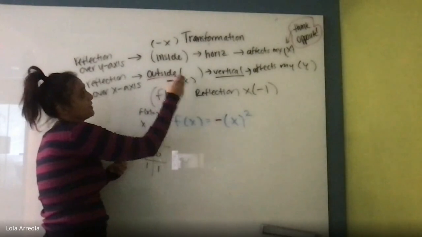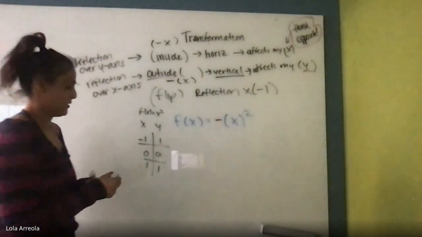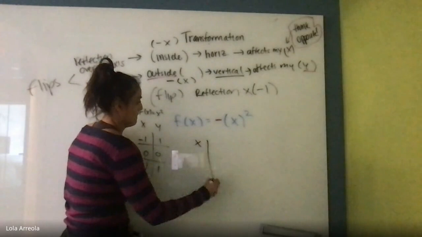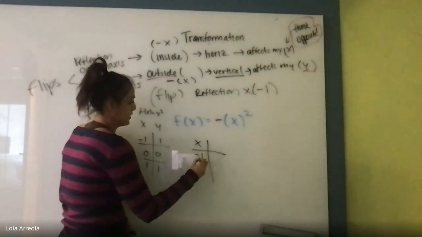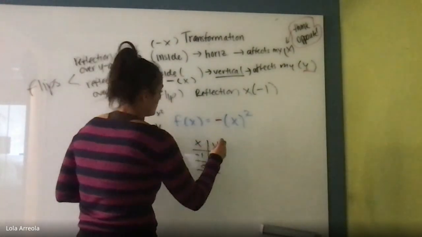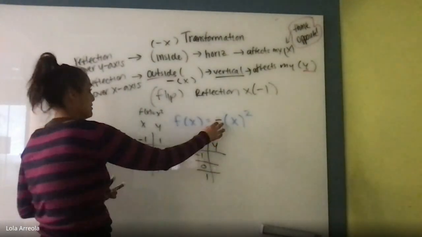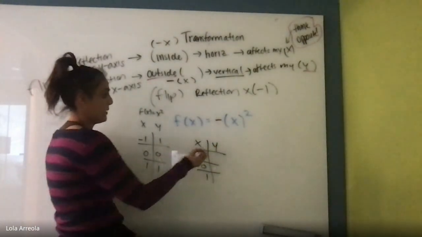If it's happening outside, it's affecting my y. So my x's are going to stay the same: -1, 0, and 1. But my y's, what am I doing to them? The same thing it's doing to my function: multiplying by -1.